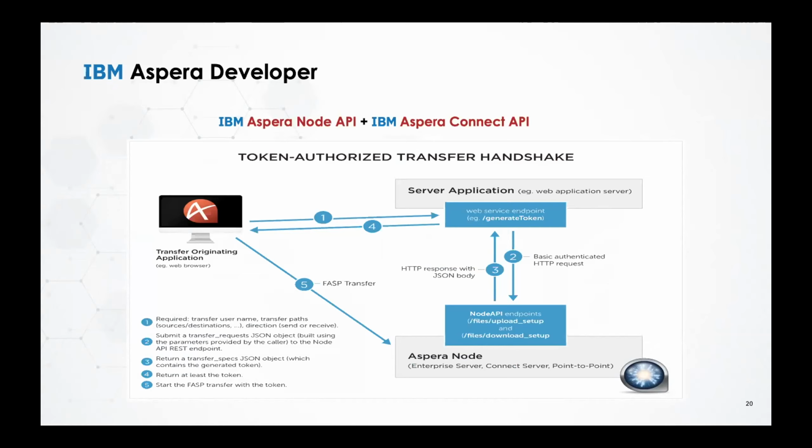So your web application will request the token, the authorization token that we just saw in the previous slides, from the server, get that token, and then in step 5, use that token in order to start a transfer. If that token is valid, the Aspera server will accept the transfer, otherwise the transfer will be denied.